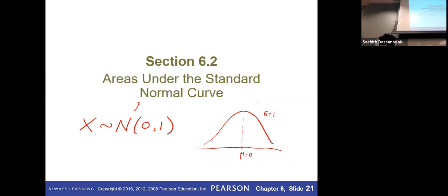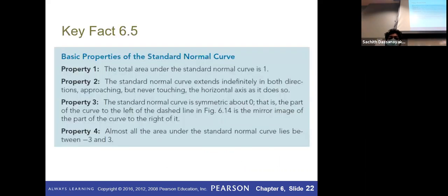Values on this horizontal axis we denote by Z, not X, because those values are standardized values. Here we have 4 properties, including the 2 previous properties for normal distribution.